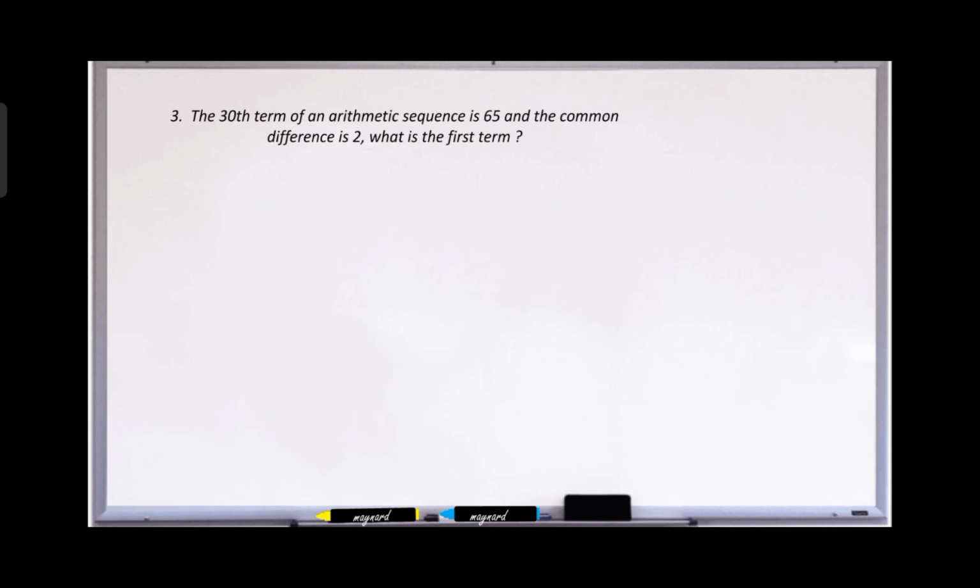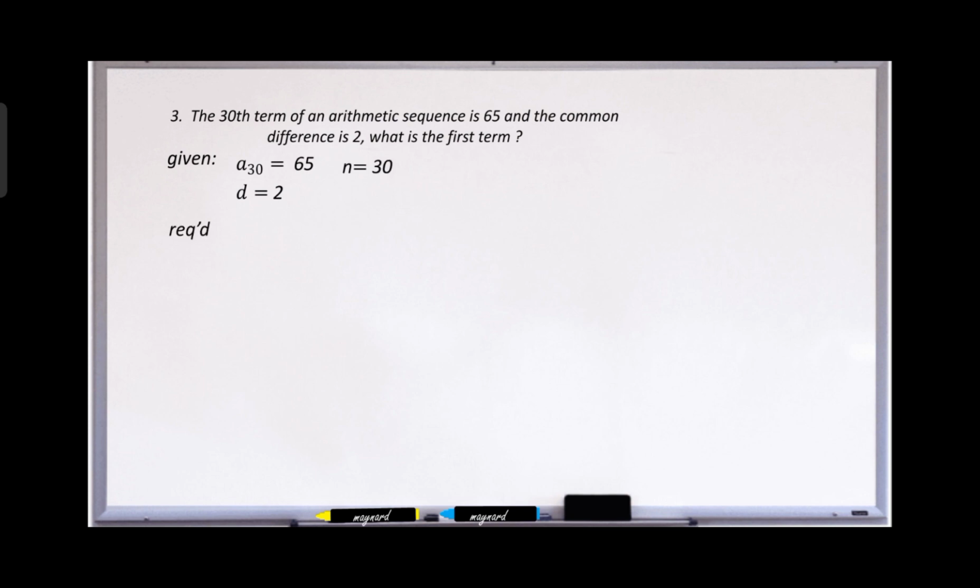Number 3, the 30th term of an arithmetic sequence is 65 and the common difference is 2. What is the first term? Okay, ang given natin dito is a sub 30 or yung n term natin is equal to 65. Next is the common difference given din sa problem equals to 2 at yung n natin is 30.